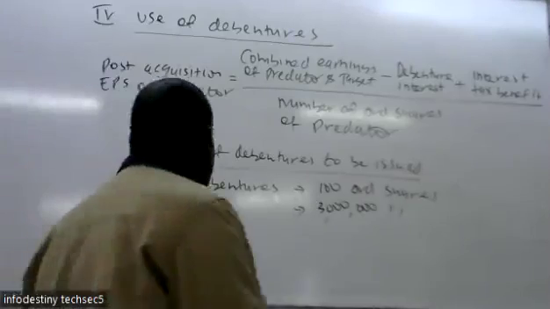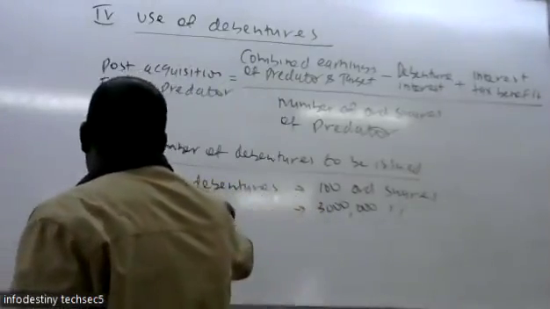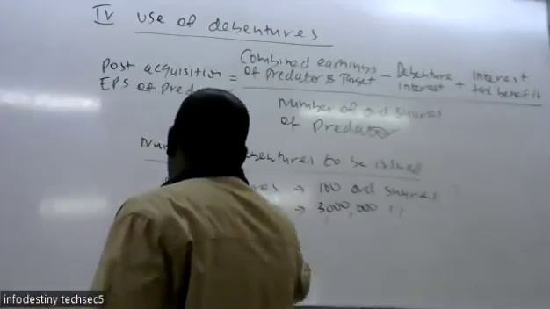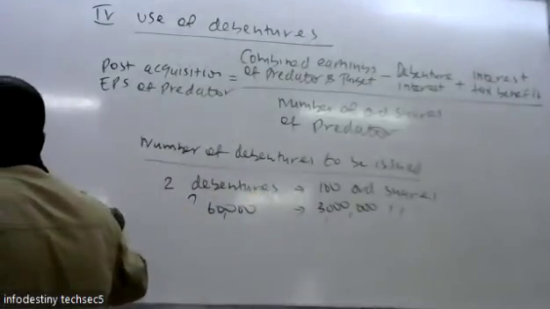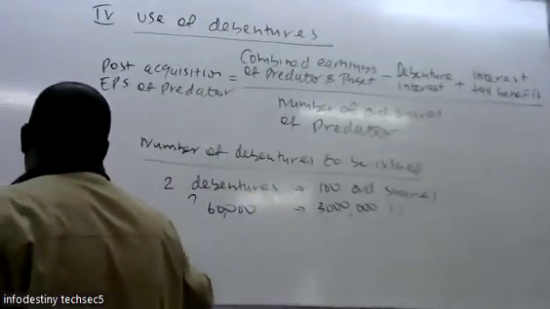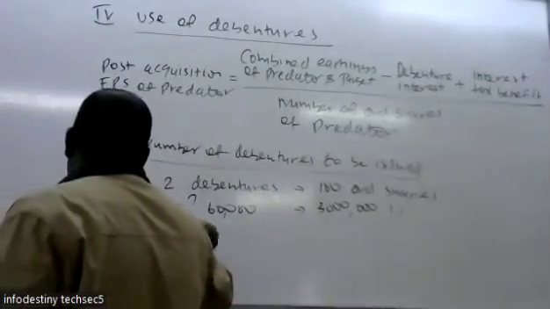So there are 60,000. Once you get the 60,000, we now compute interest.